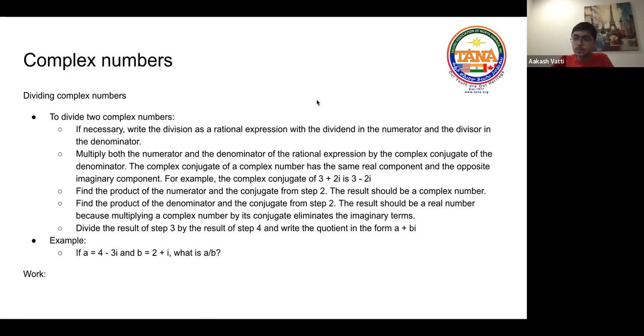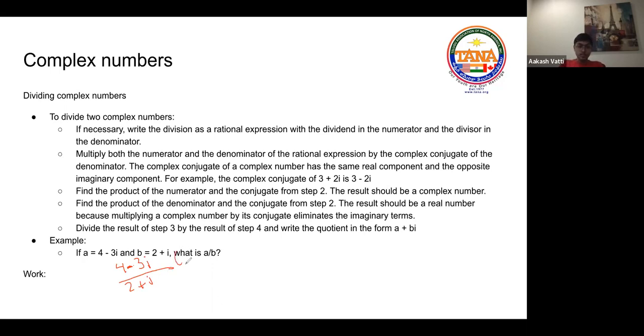So for example, if a is equivalent to 4 minus 3i and b is equivalent to 2 plus i, what is a divided by b? You write this as 4 minus 3i over 2 plus i. The complex conjugate of 2 plus i is 2 minus i.